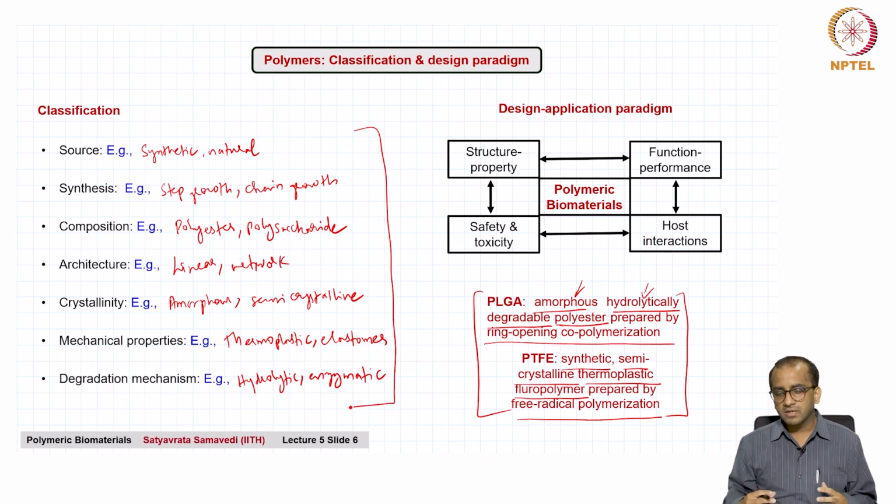And the other thing I want to also point out here is that this list is important for us because the rest of the next few weeks are going to depend upon how we go about systematically understanding each of these properties. Right from understanding polymer structure to polymer composition to polymer architecture to microstructure like crystallinity, and then looking at mechanical properties and degradation mechanisms. So, all of these things will be discussed in much greater detail.